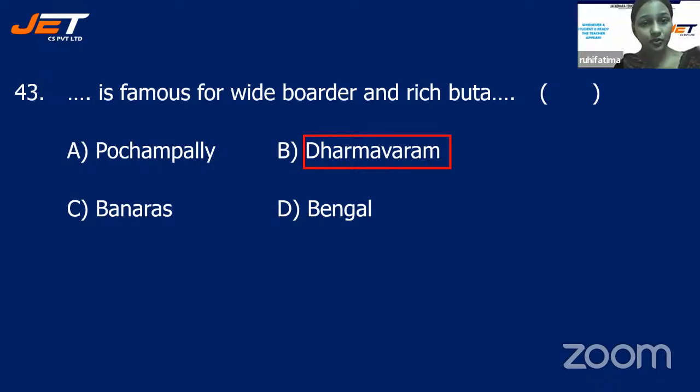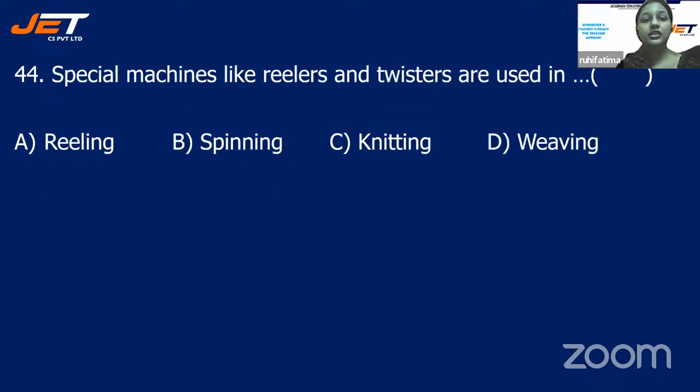Okay, let's come to the next question. Special machines like reelers and twisters are used in dash: reeling, spinning, knitting, or weaving. Any idea about it, students?